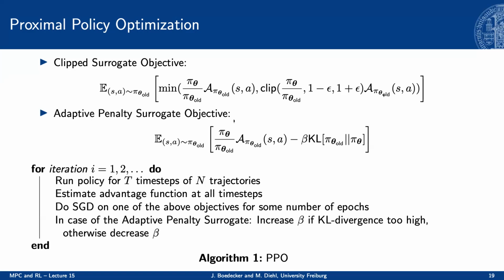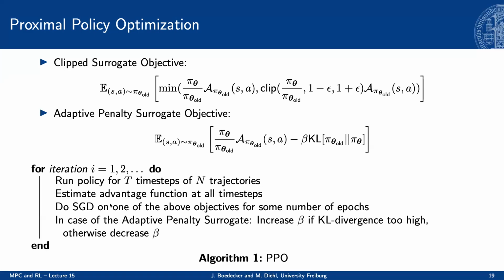Or you can use the so-called adaptive penalty surrogate objective, where you compute the KL divergence between the distribution with your old policy parameters and the distribution with your new policy parameters. Then you again run your policy for T time steps and N trajectories.